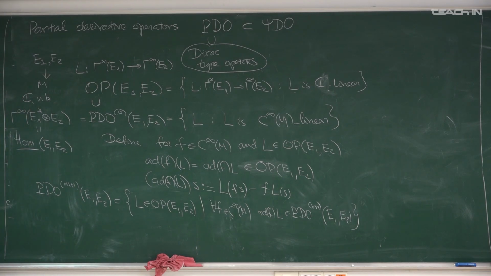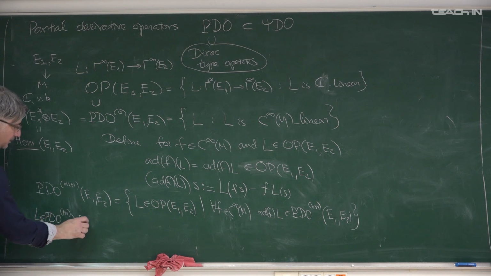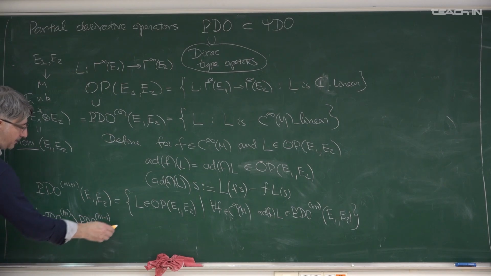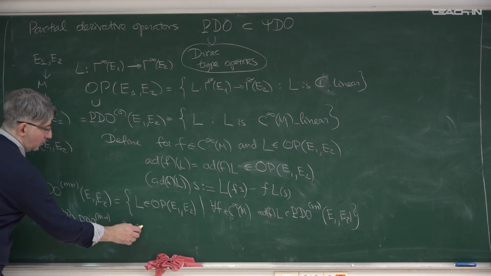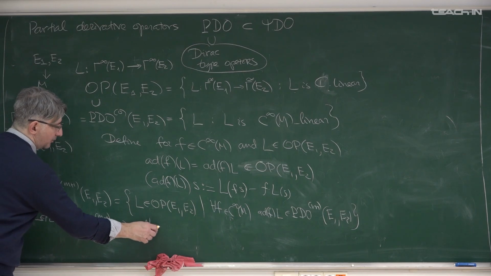Okay, now be careful here. If L belongs to PDO m minus PDO m minus 1, then we say that the order of L is equal to m.